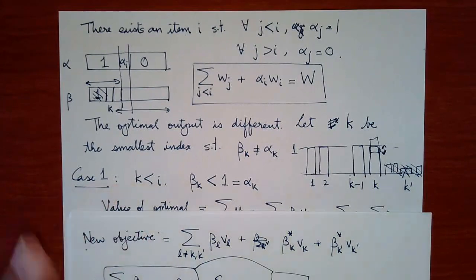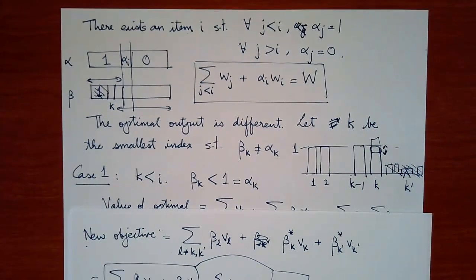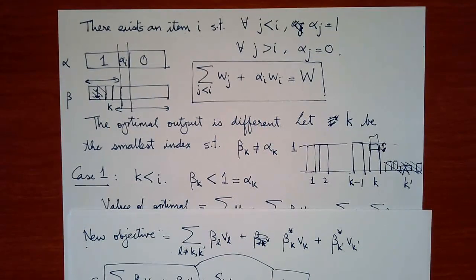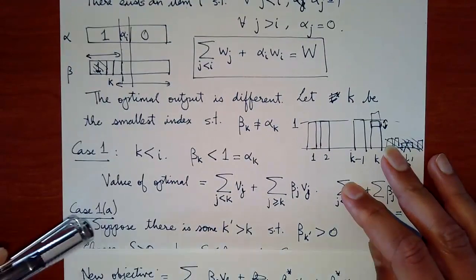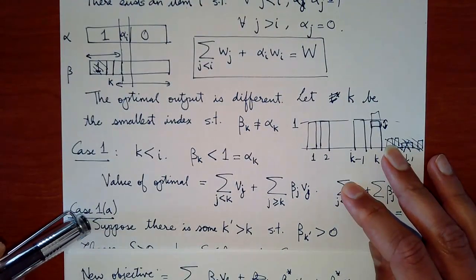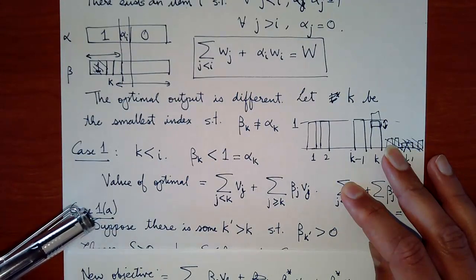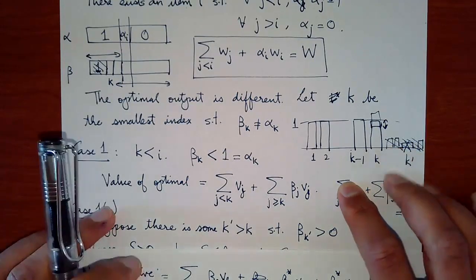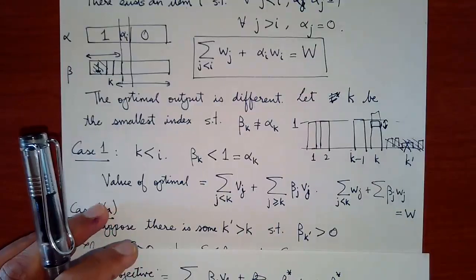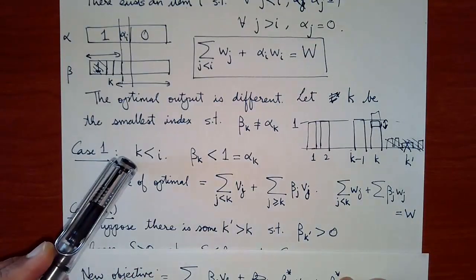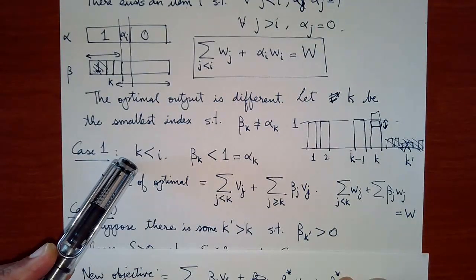I don't think it should be that they're equal to 0. No, I'm just taking the negation of this case. Yeah, but I think the first case should be that there should be some k prime greater than I, right?